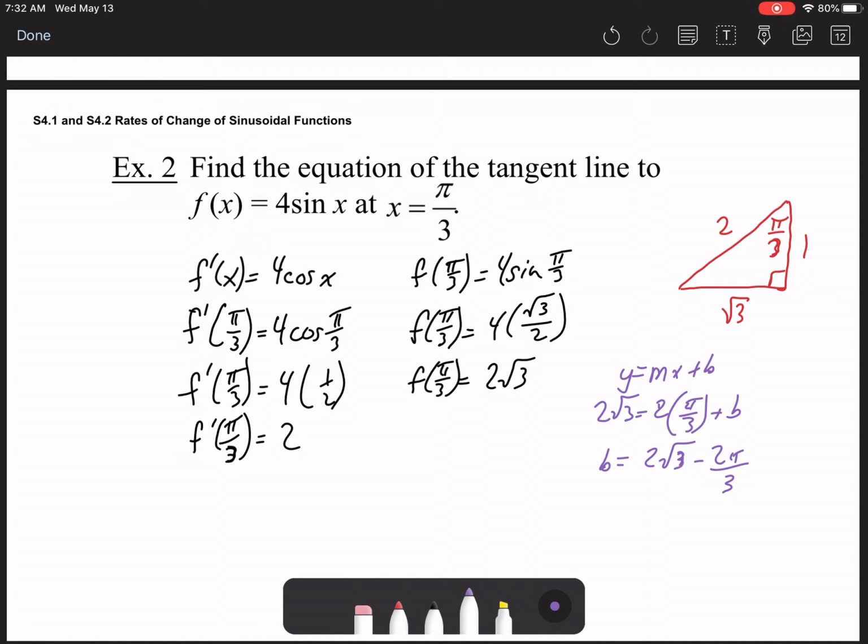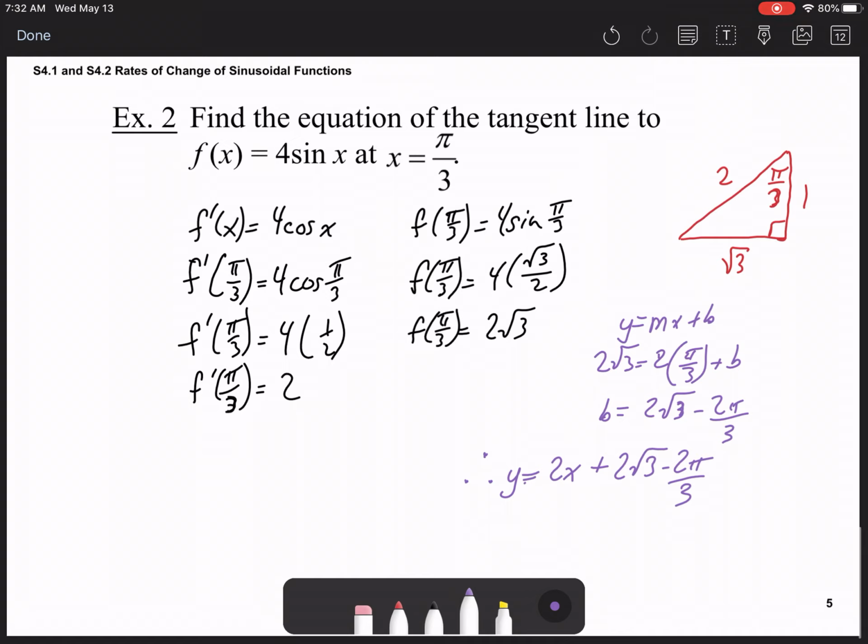Probably best to use exact values here, so therefore the equation of my tangent line is y equals 2x plus 2 root 3 minus 2 pi over 3. And there we go. Thus concludes our lesson.